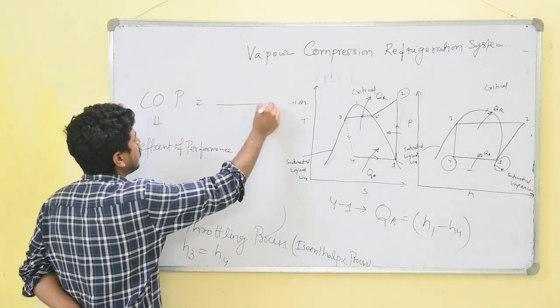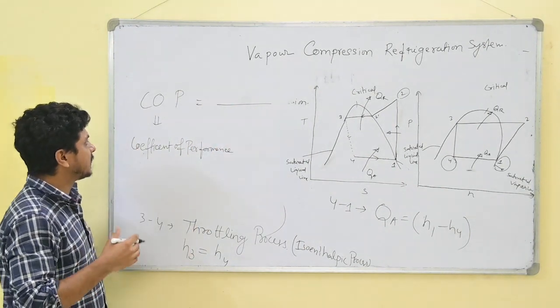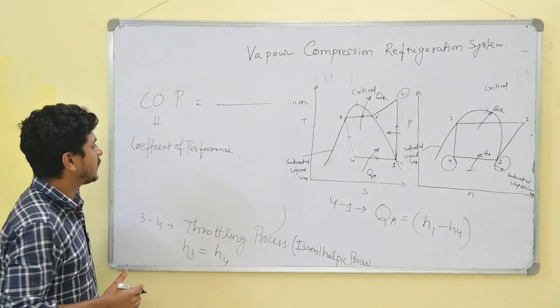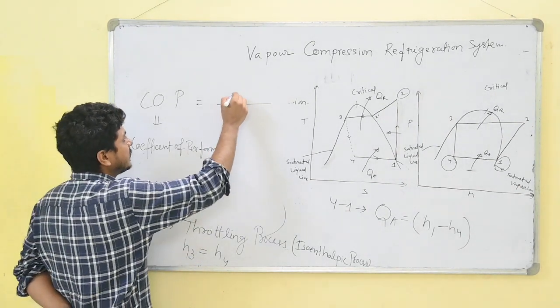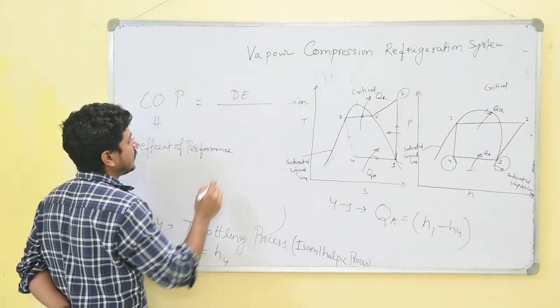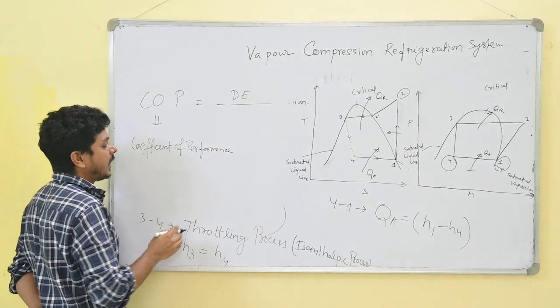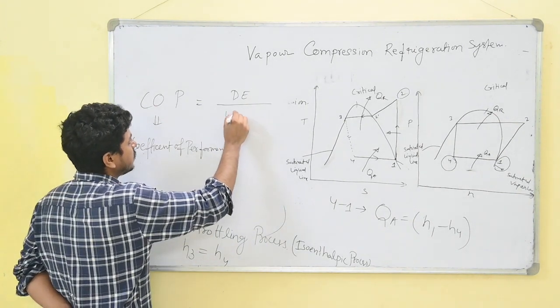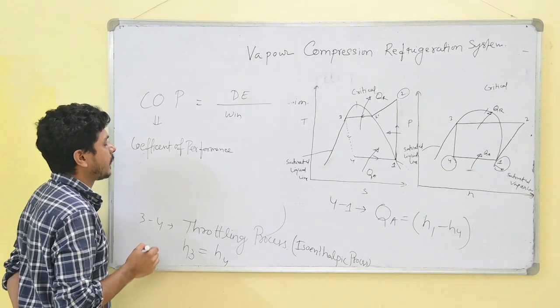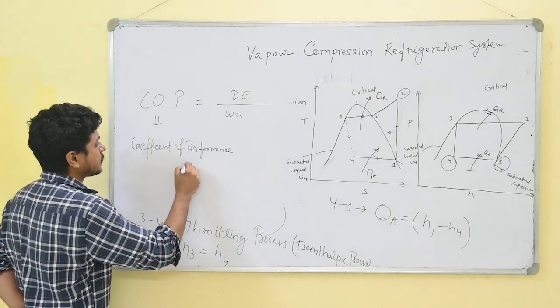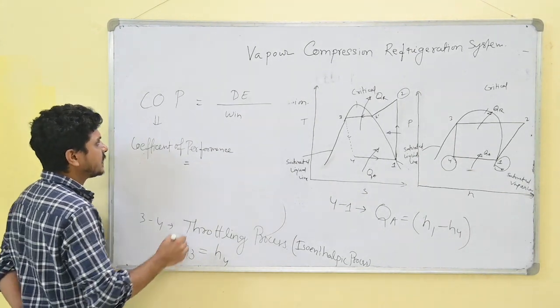The formula for the coefficient of performance is the desired effect in the numerator and the work input in the denominator.